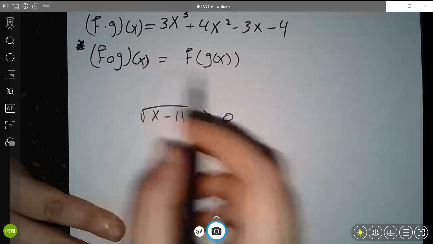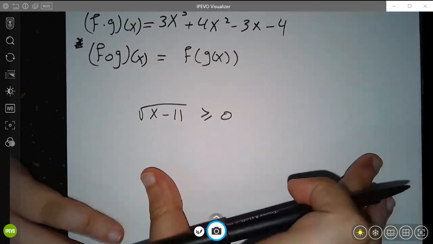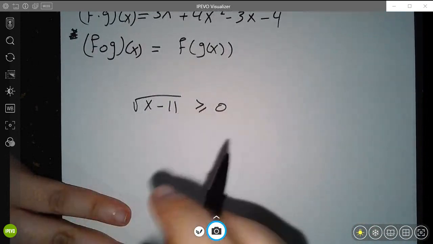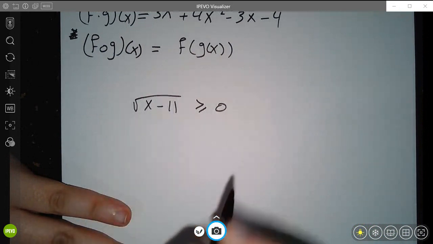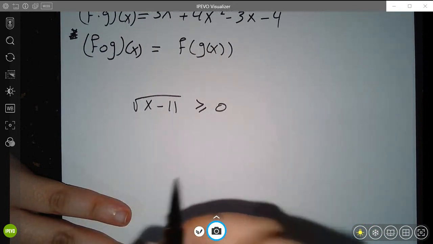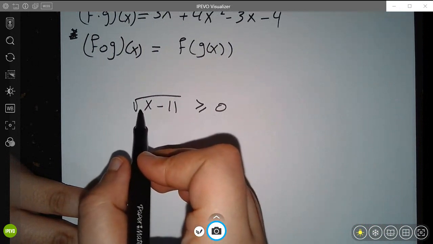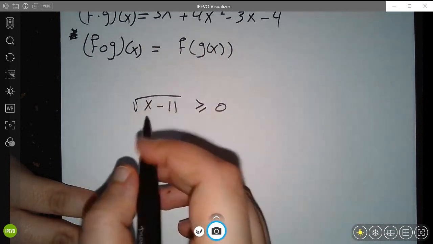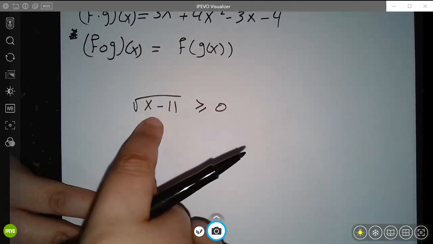Right, well, to be able to do this, you need to be able to picture the graph, yes? When it comes to radical functions, which is what this is, and it's an inequality too, you have to be aware that you can't have a negative underneath the root, right? So that's what we need to be careful of. The domain is going to be all the numbers except what turns the inside of the root negative.